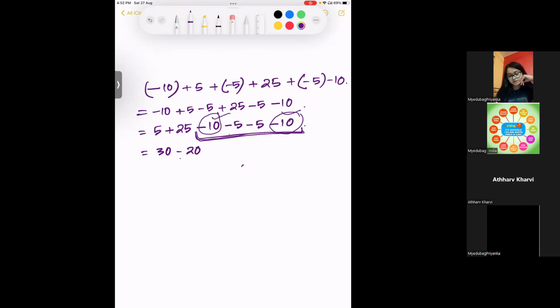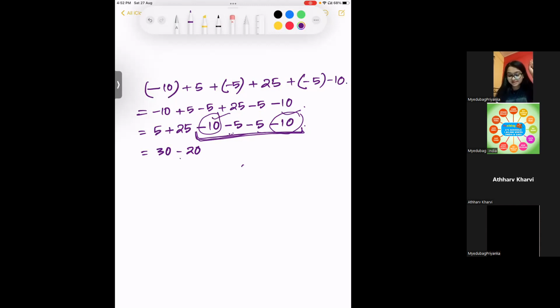In the left, we can add minus 5 and minus 5. When you add them, 5 plus 5 is 10.